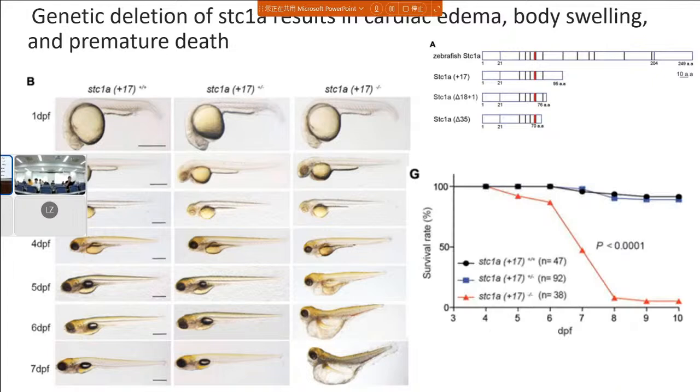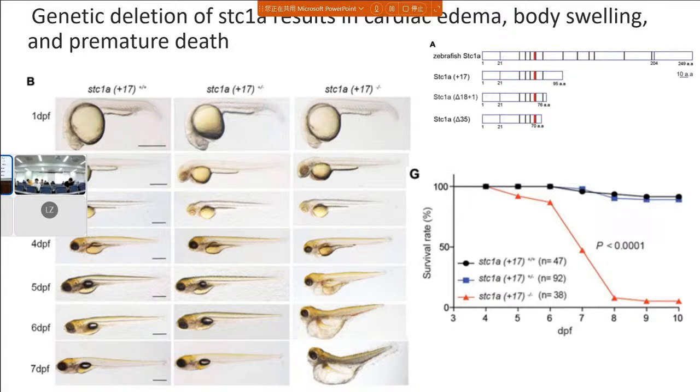But starting at 4 DPF, many STC1A homozygous mutant fish show a heart edema, which became more significant at 5 DPF.